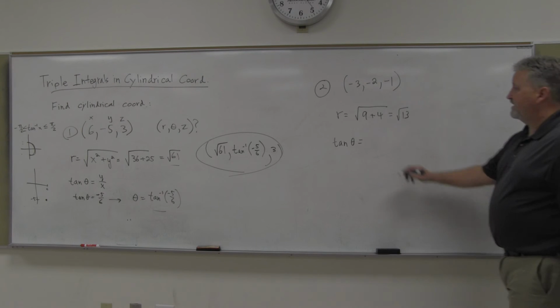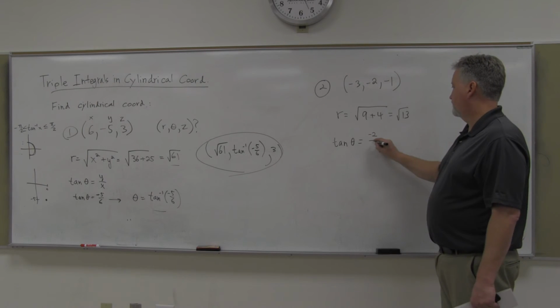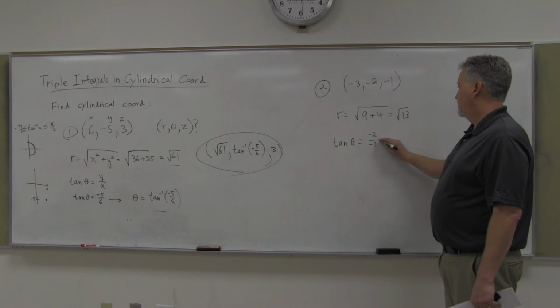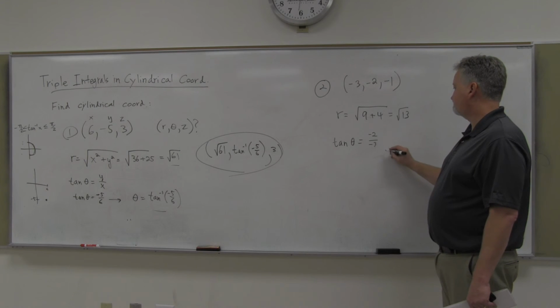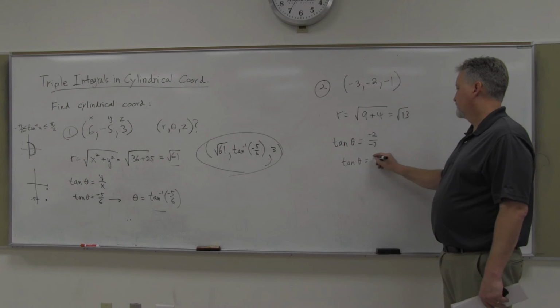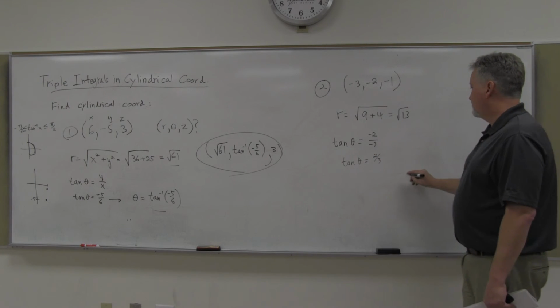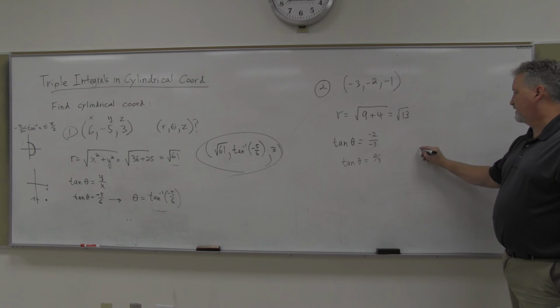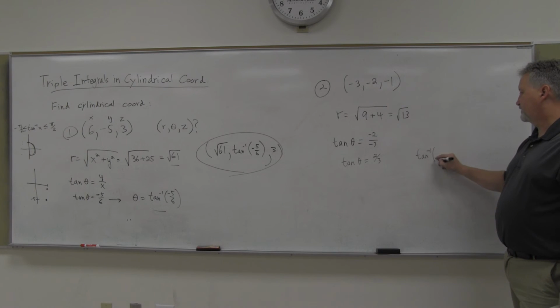But we know the tangent of theta is y over x, so -2 over -3, 2/3. If I do the inverse tangent of 2/3, note here what that gives me.